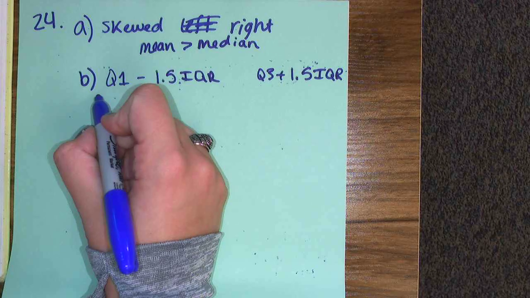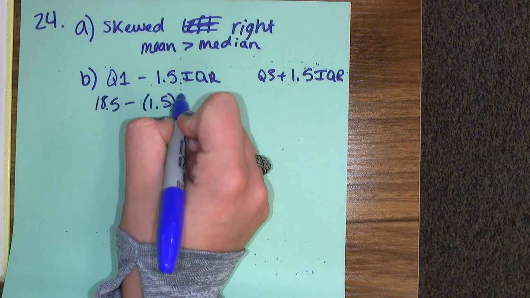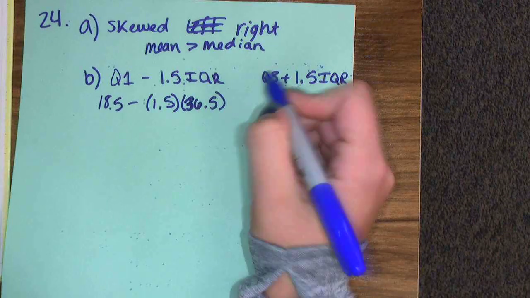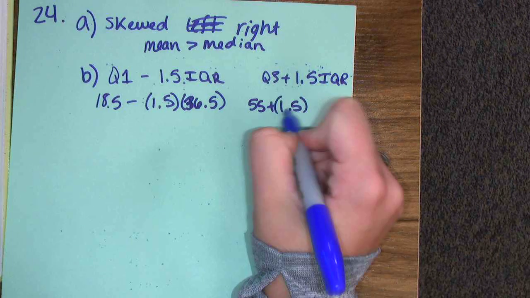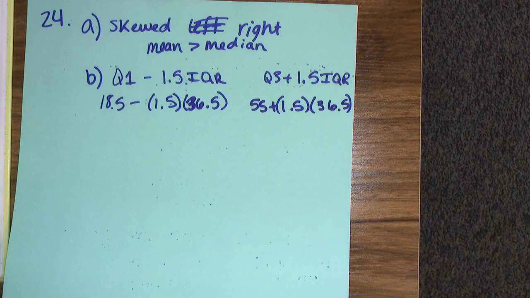So we have 18.5 minus 1.5 times, what did you say, 36.5? And then Q3 is 55 plus 1.5 times 36.5. So what are our fences then?